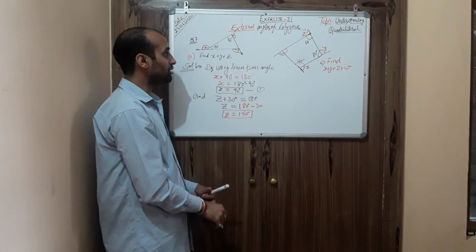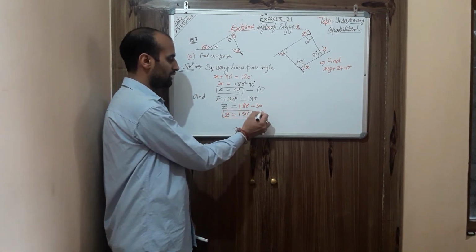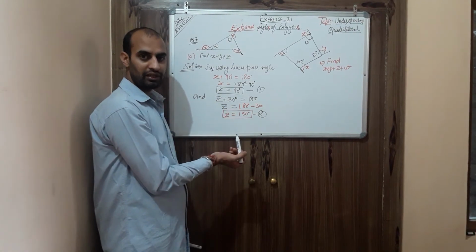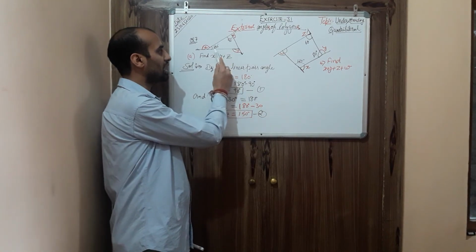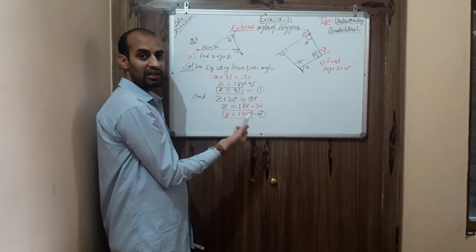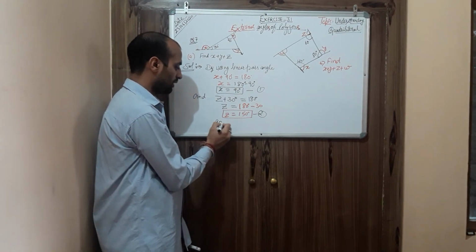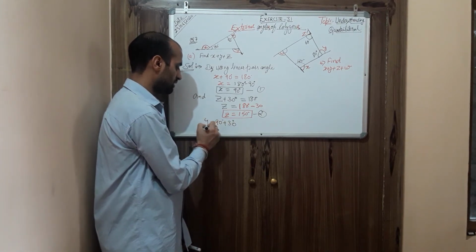Now you are left with one angle to find out. Two angles, x and z, are with us; y is left. One more property you have studied in a previous class: the sum of two interior angles is always equal to the opposite exterior angle. So 90 plus 30 must be equal to y.